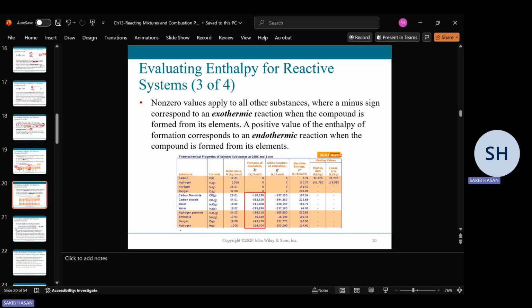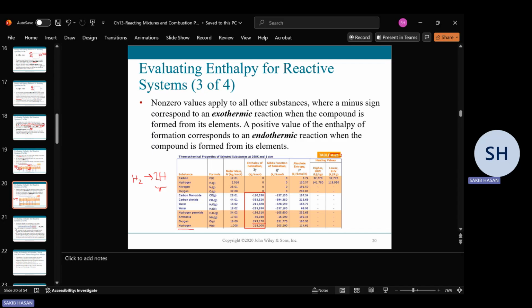And now you can say the same thing for something like hydrogen. So when you have a hydrogen molecule and are trying to make hydrogen atoms, obviously you're going to need an energy input to break the bonds down, right? To make these atoms. And so certain substances actually require an input of energy.